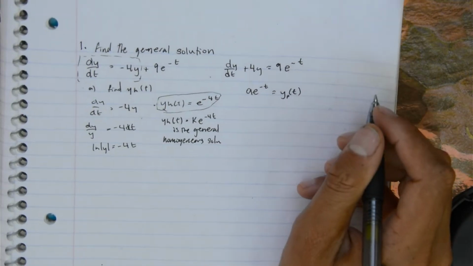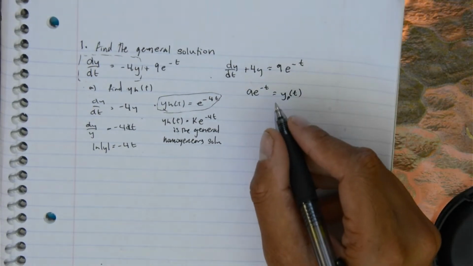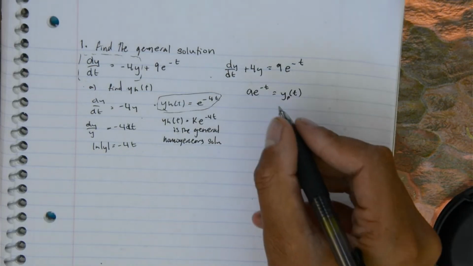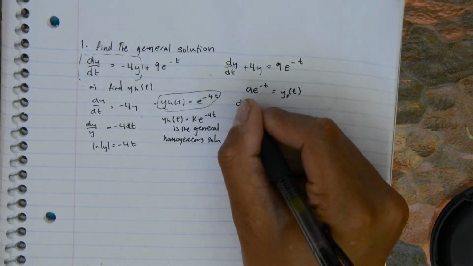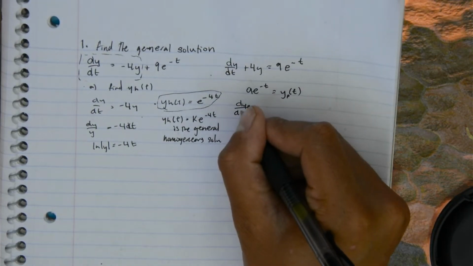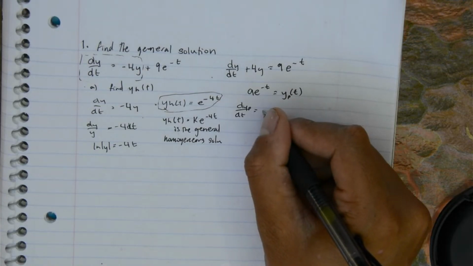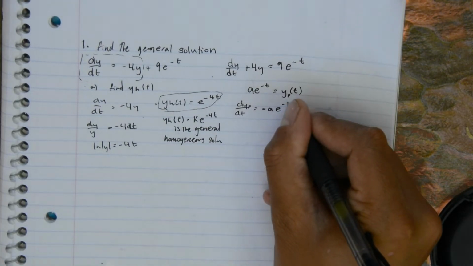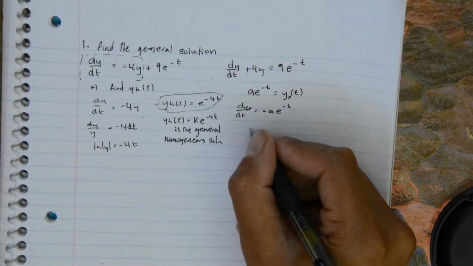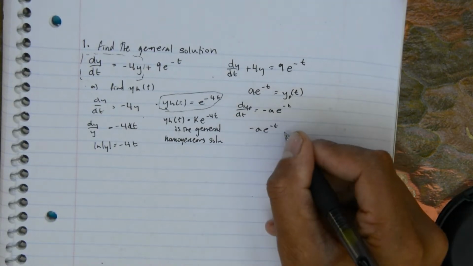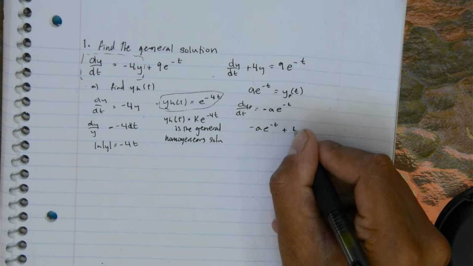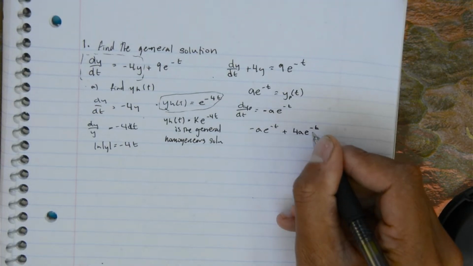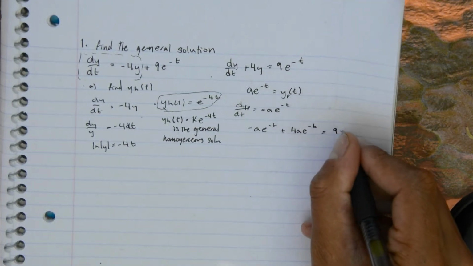So then dy_p/dt is going to be equal to minus a e to the minus t. So then we're going to have minus a e to the minus t plus 4 times a e to the minus t is equal to 9e to the minus t.